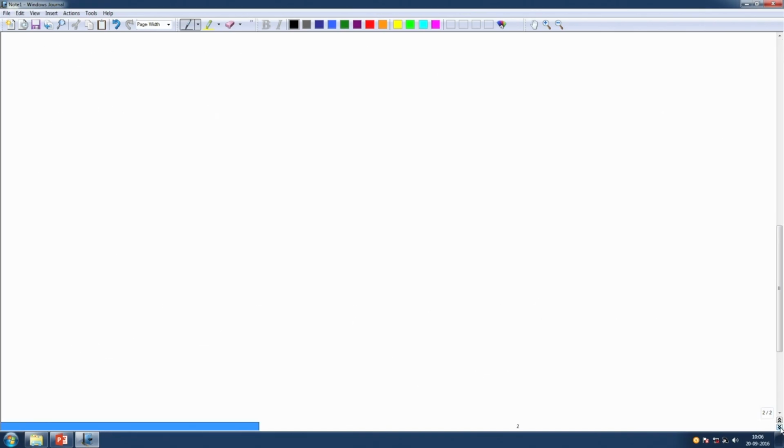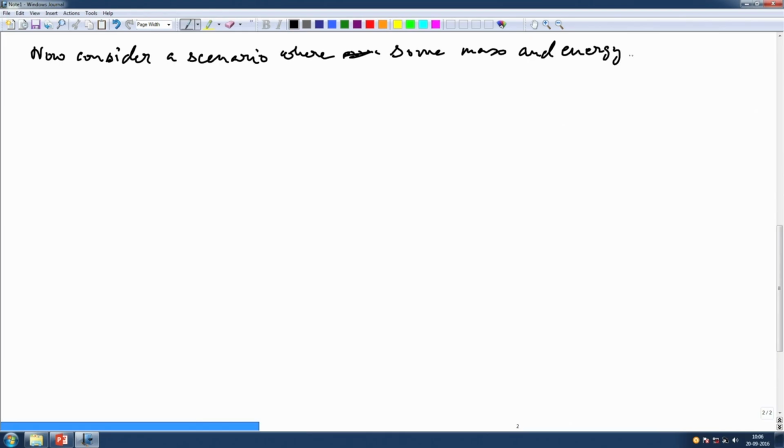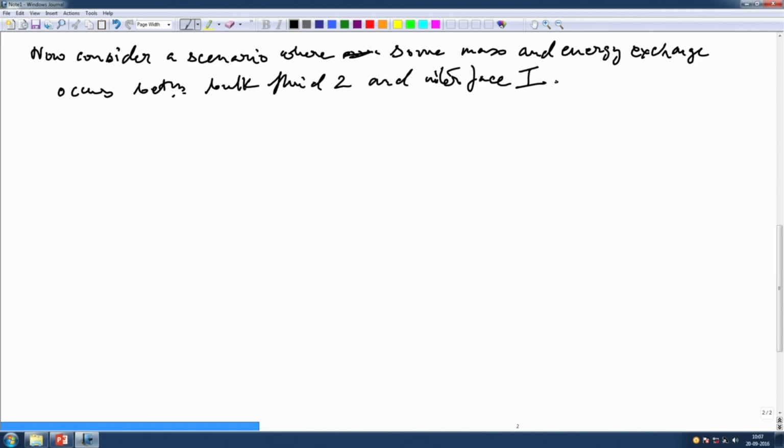Okay. Now, that is the configuration. Now, let us consider a scenario where some mass and energy exchange occurs between bulk fluid 2 and the interface I. Got it.